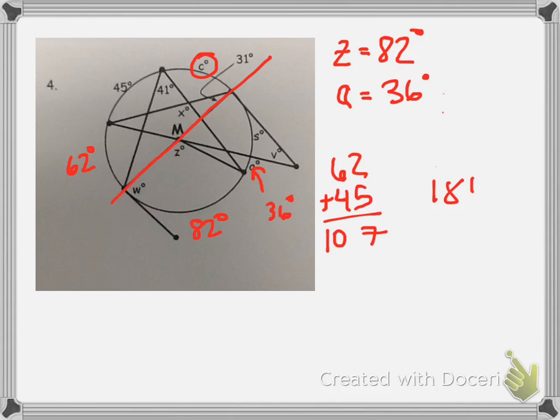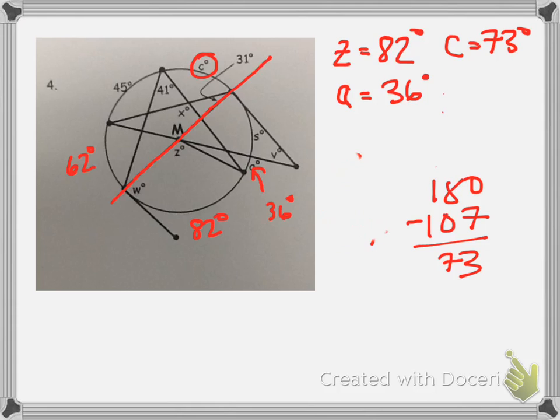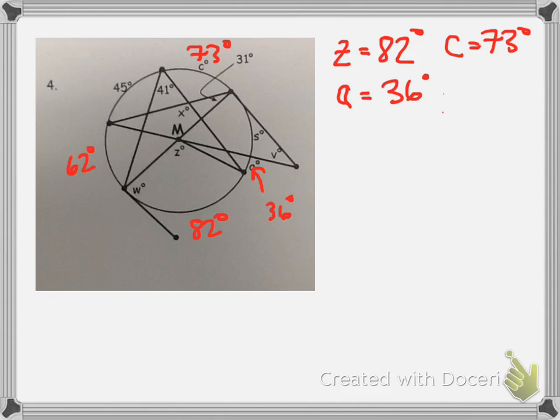So 180 minus 107 is equal to 73. So C is equal to 73 degrees. Okay. Let me write that here. So that's 73.